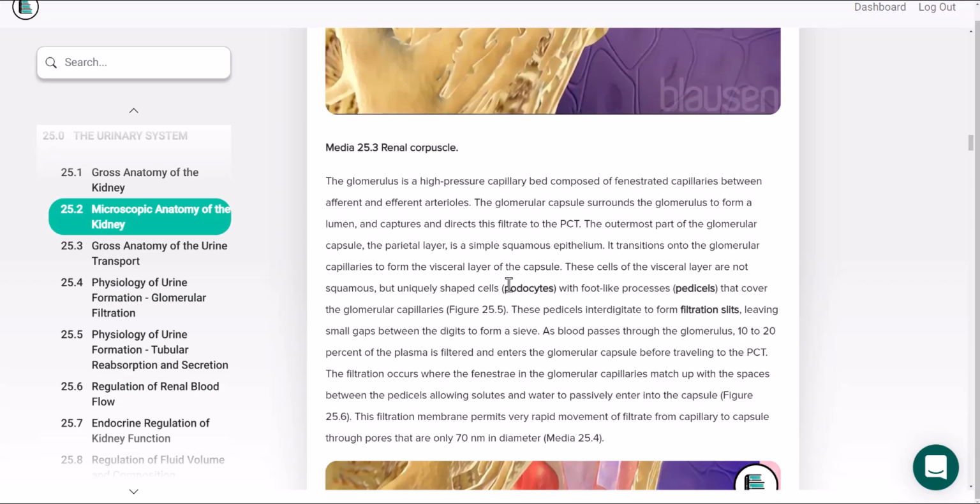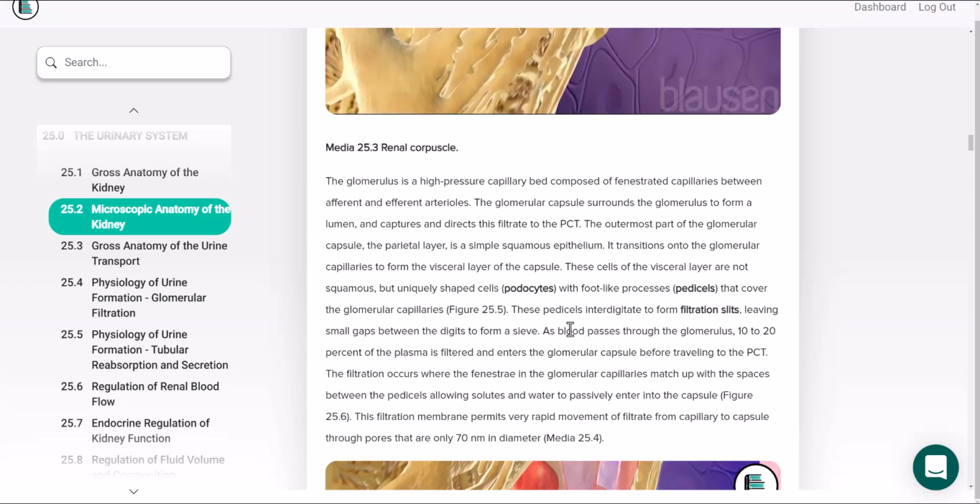These podocytes have foot-like processes called pedicels, and they cover up the glomerular capillaries. These pedicels, these little finger-like extensions, interdigitate, which means they just kind of overlap to form what's called filtration slits, little gaps.